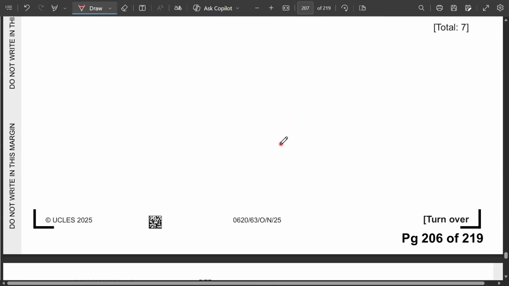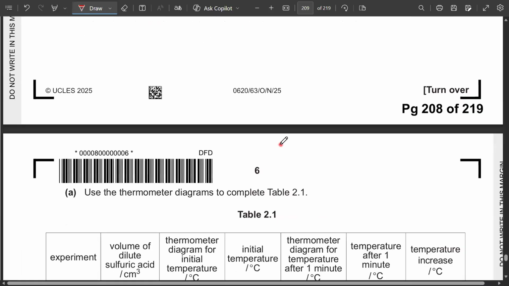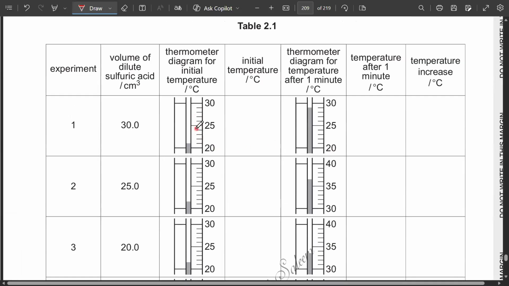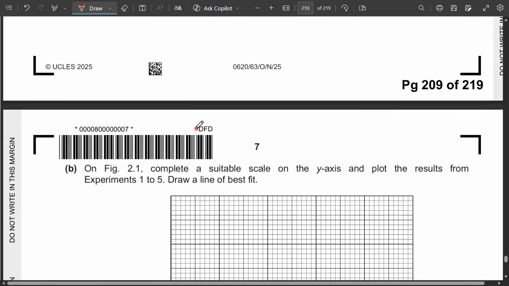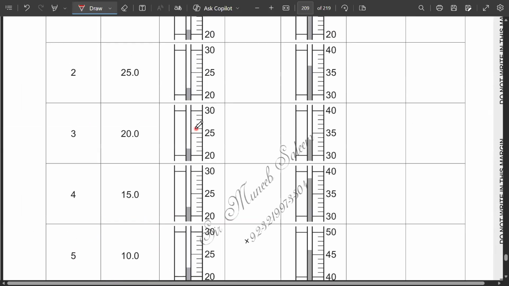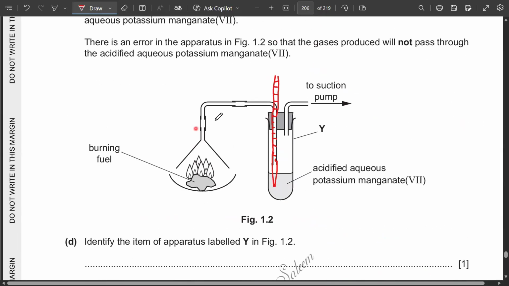So this thermometer is not only recording the temperature, but also helpful to stir it. Like you can hold the thermometer by your hand over here. Just grab the thermometer from this point and stir it. Stirring is also done along with the thermometer. Both functions are being done using a thermometer.